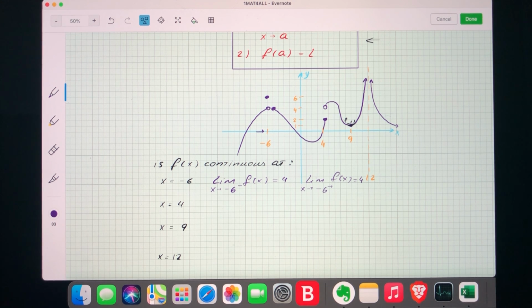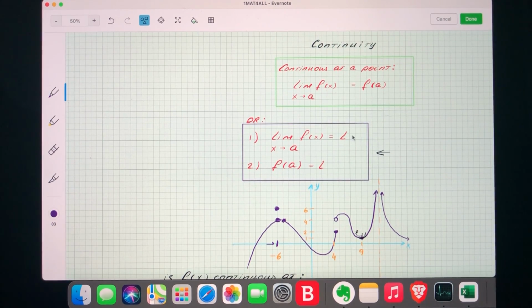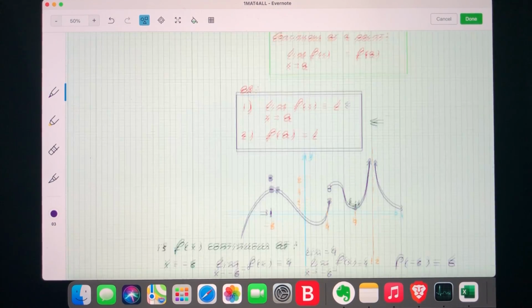But what is the value at -6? So the height at -6, what is that number? Well, at -6, there is a gap, and the height is not 4, the height is actually 6. Now the question is, is the function continuous? Well, the limit from both sides is equal to 4. So this number exists and it equals 4.